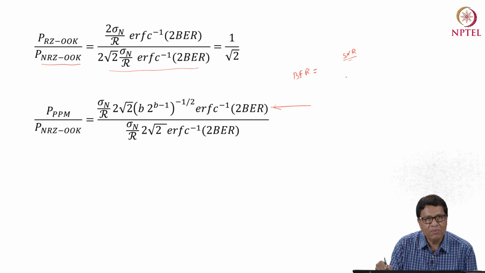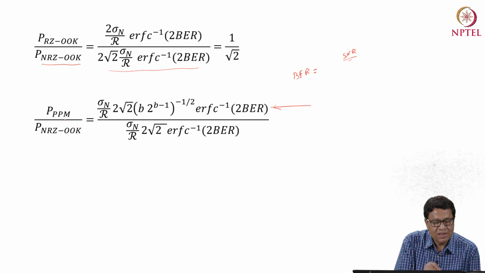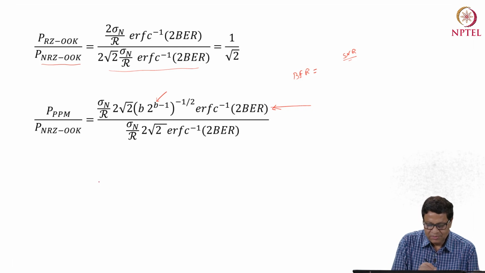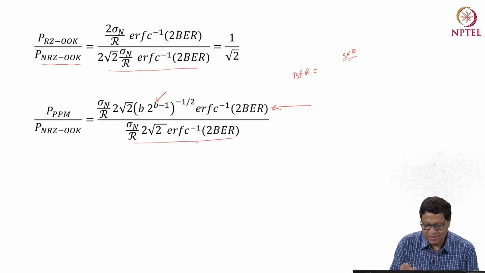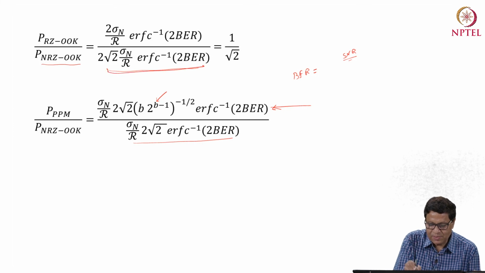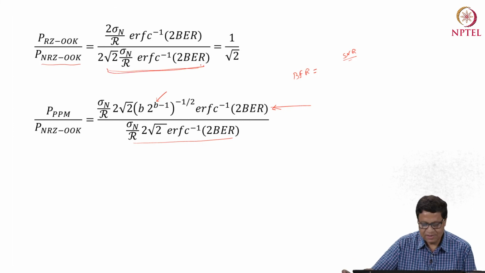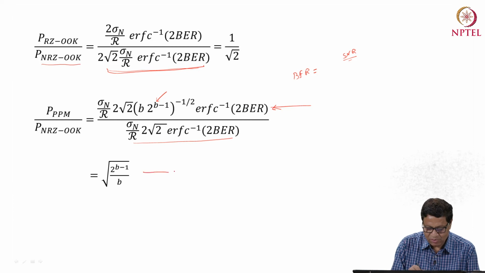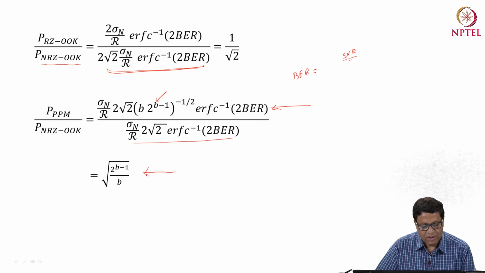So using all these formulas, we can get power in the PPM in terms of BER and number of bits. And it is normalized to P NRZ OOK, which is a standard expression which I am using here. So this is the power ratio, and a lot of things will get cancelled, and what you get is square root of 2 raised to power B minus 1 divided by B.